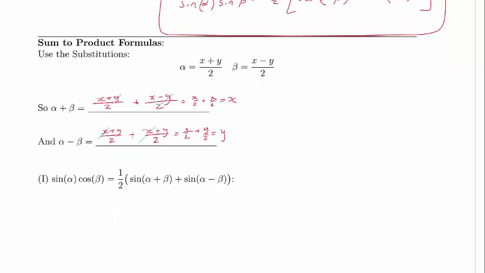All right, so let's take a look here. We have sine of alpha, which is simply x plus y over 2, cosine of beta, which is x minus y over 2.